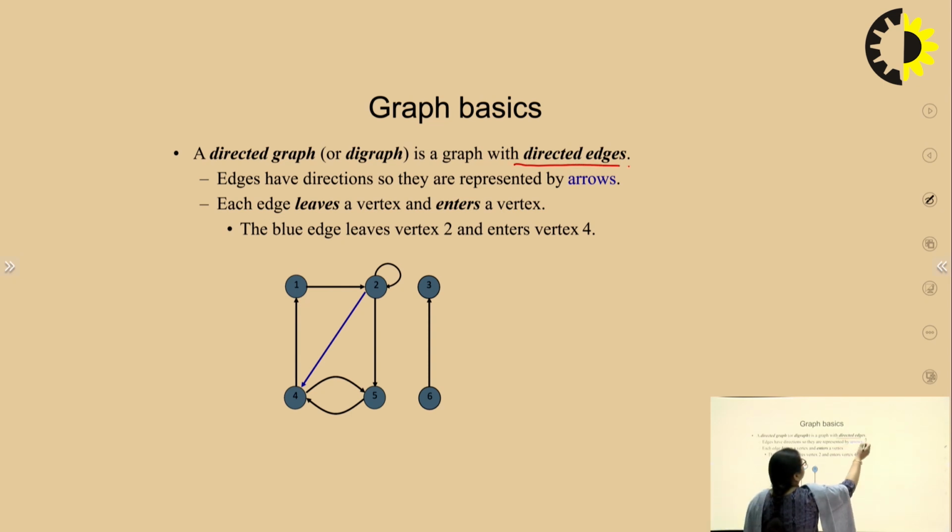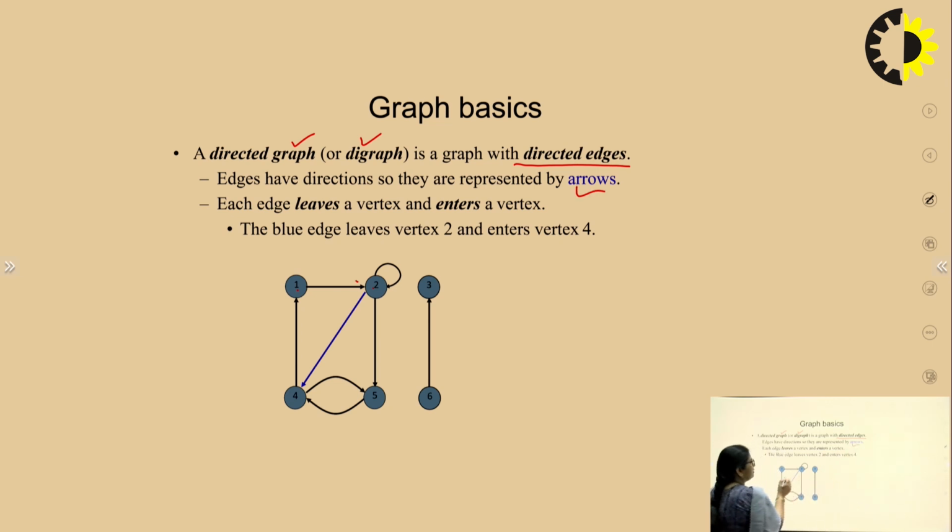This is a graph with directed edges. What we can see here is that the direction is from 1 to 2. When we have directed edges, the graph is called a directed graph or digraph. A digraph is a graph with directed edges. Edges have directions, so they are represented by arrows.